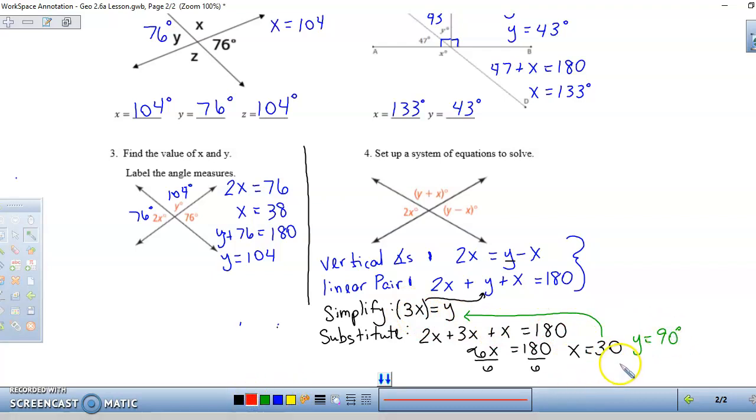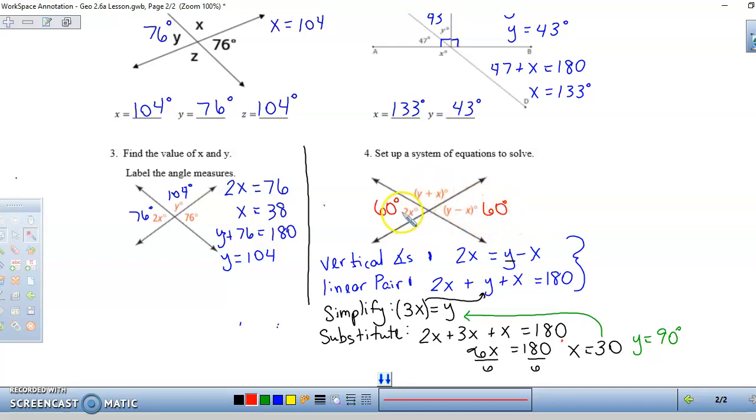Very last thing you should always check is to make sure that these two guys work in the picture. Okay, so I'm going to plug in 30 here for x, and I get 60. Okay, so here I get 60 degrees, and then if I plug in the y and the x here, I will get 90 minus 30, which is also 60, which is good because those should match.